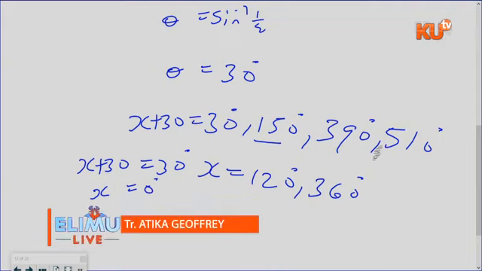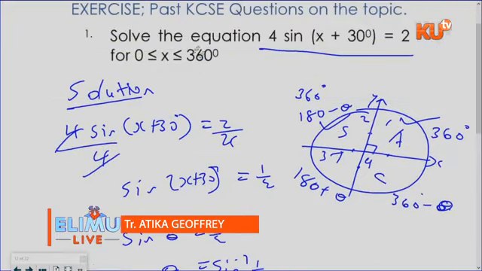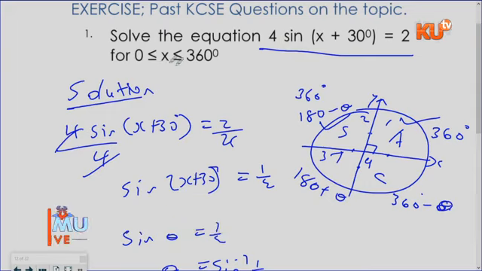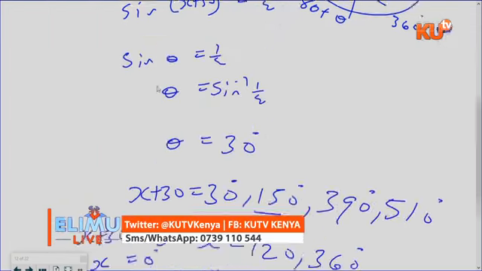If I was to continue with this 510, 510 minus 30 gives us 480. But 480, Lana, is not within the range given, so 480 degrees cannot be the answer for this particular question, because we are working within the range from 0 degrees to 360 degrees.